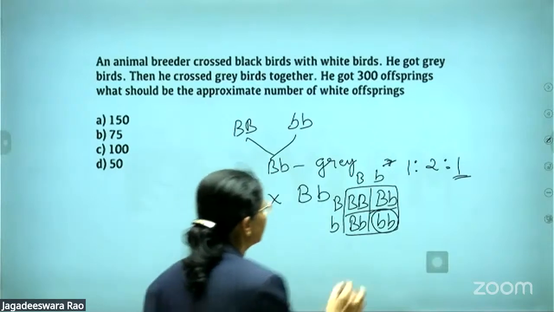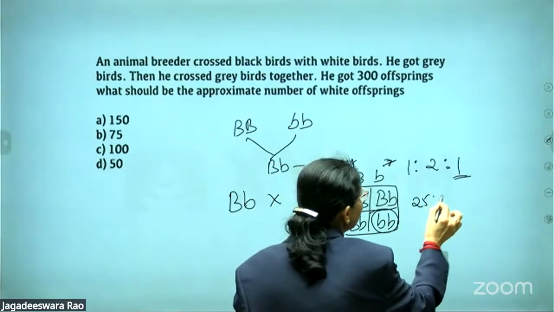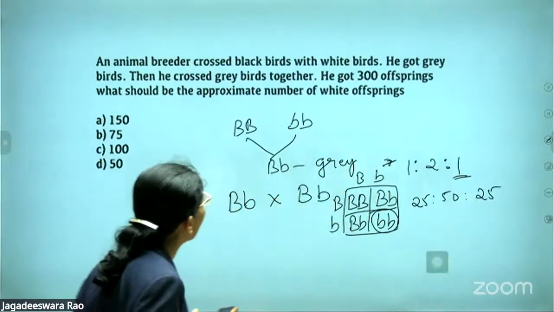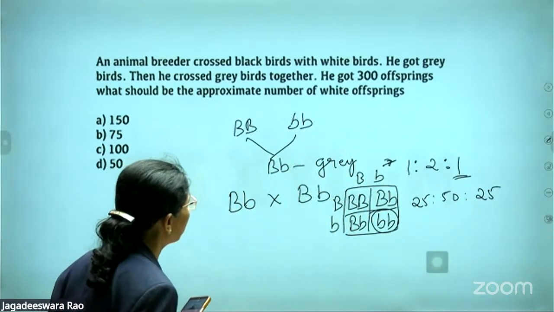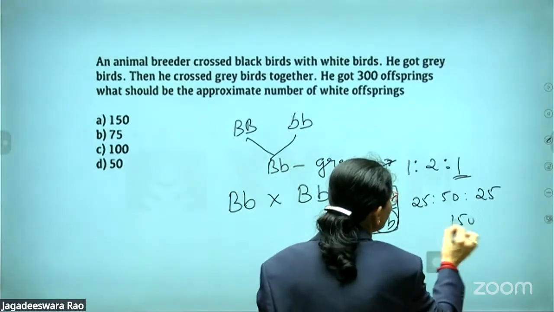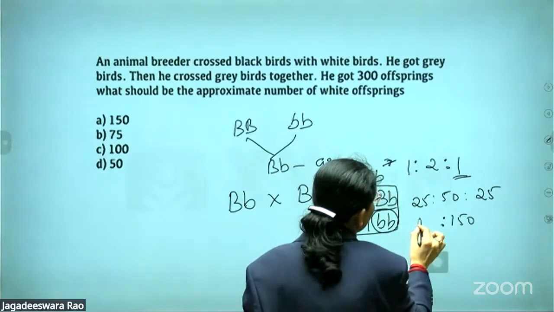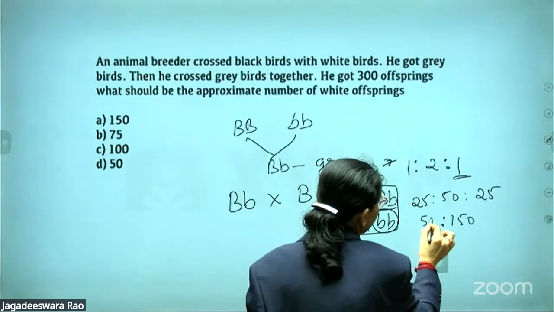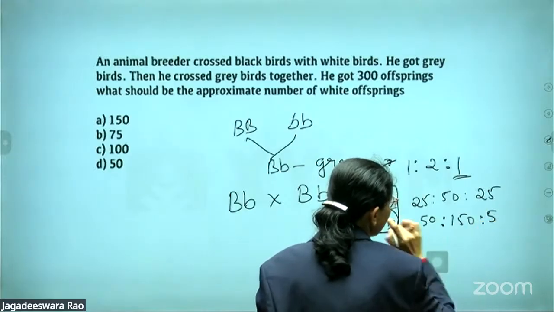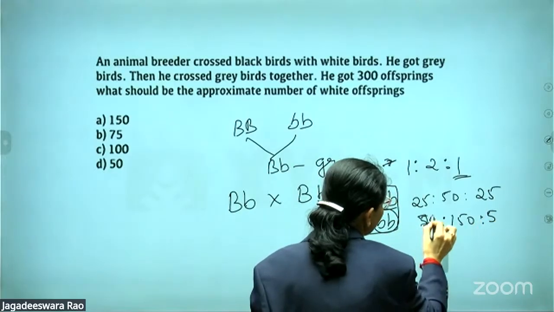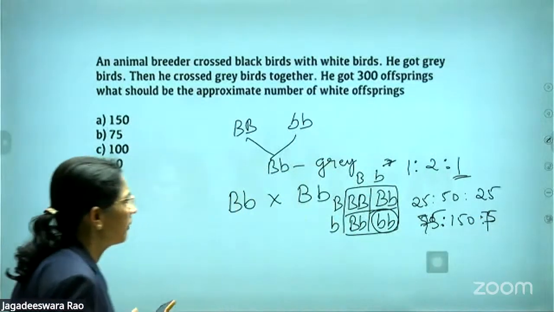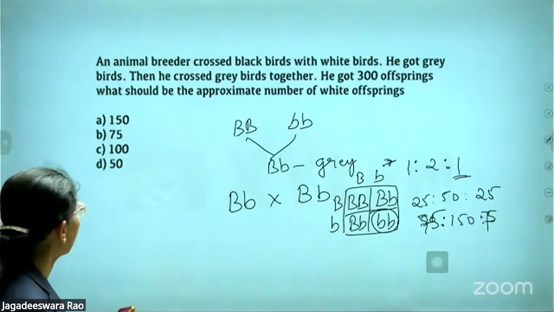25%. That is 25%, 50%, 25% in this ratio. So out of 300, what is 25%? Children, tell me. So 150 will be the gray birds, and 75 and 75 are the homozygous characters.